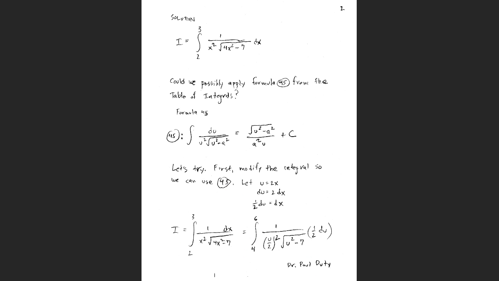So we feel that we can apply formula 45. And I'm going to let u equal 2x and try a substitution here. So let me let you copy down to this part here, right where I put the check there. And then we'll talk a little bit. Let me give you a moment to copy this page down.